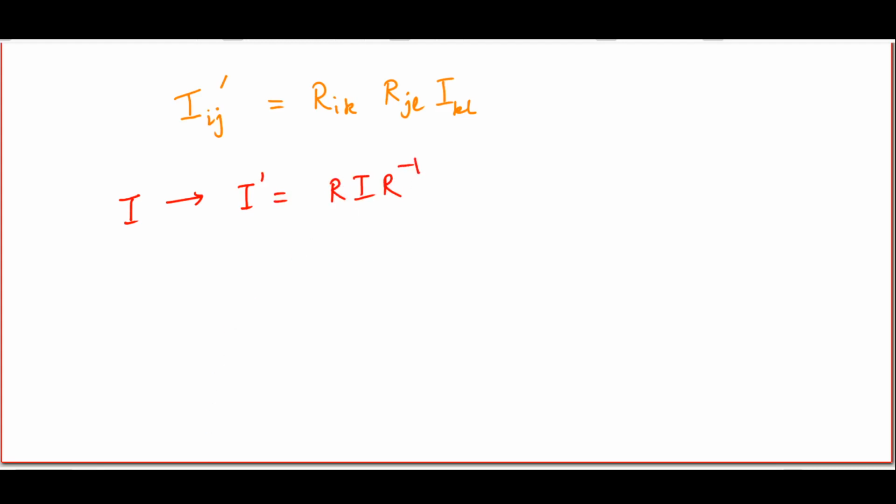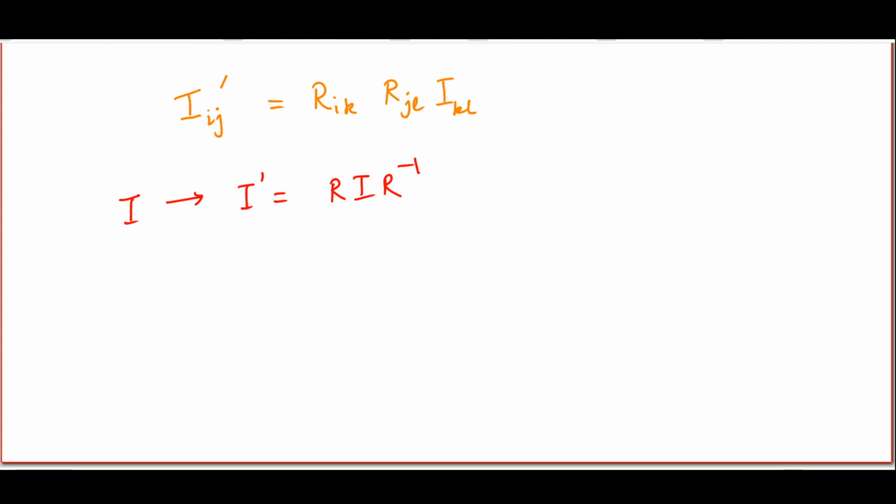I prime is R I R inverse. In the last lecture, we discussed why this rule, when written in component form, is exactly equal to this rule, the so-called standard rule for transformation of second rank tensors. Now, let us try to see what happens to I when you carry out two successive rotations.